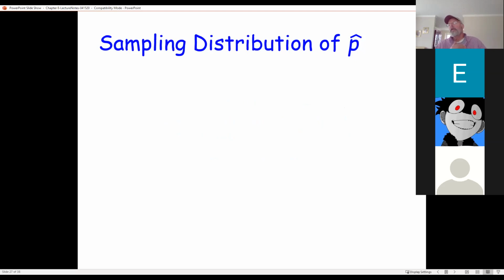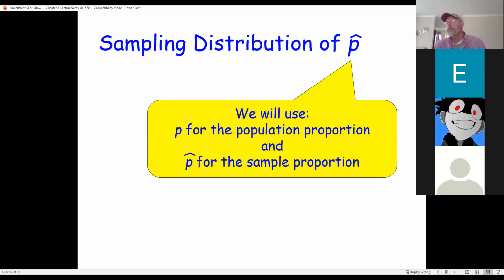Okay, so let's get into it. Sampling distribution for a proportion, a sample proportion, P hat. So remember, we have been introduced to this problem.